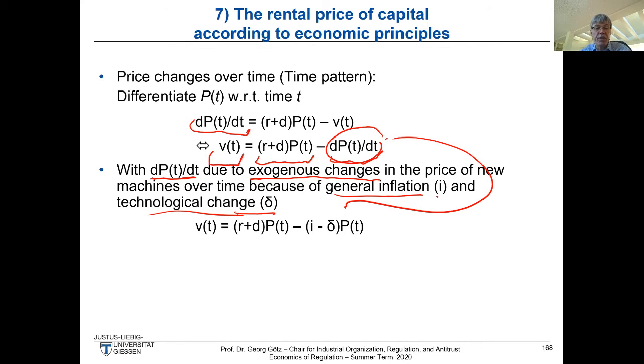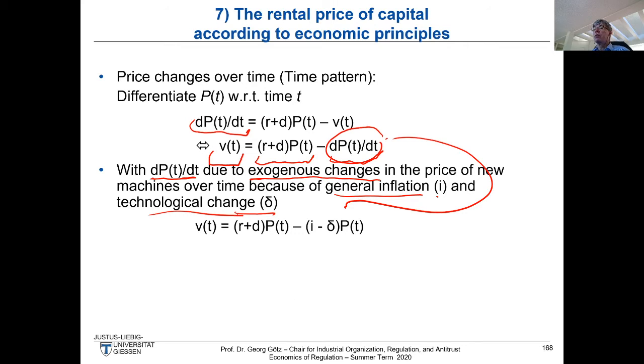If the inflation rate is 0, but you are talking about a computer and the rate of technological progress is, say, 25%, your computer which you bought today at 1,000 euro will be worth only 750 euro, or you will be able to resell that at 750 euro next year. Okay, should be clear.